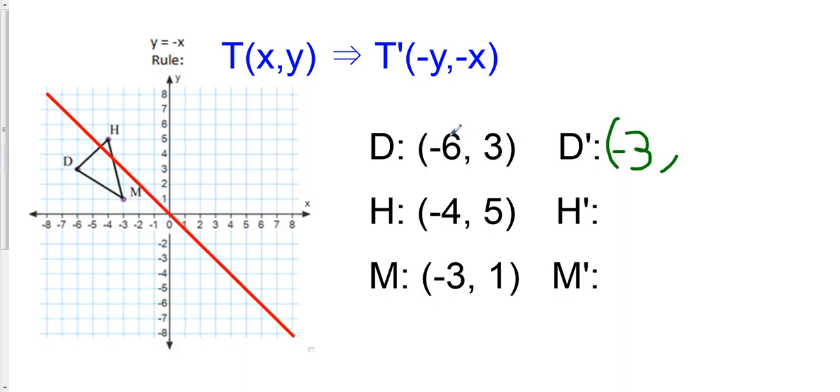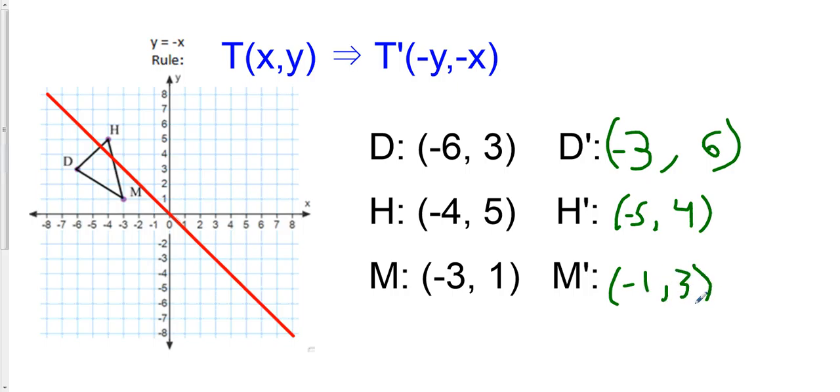If -6 was in our x spot, it would come over to the y and become positive. So we'd have a +6 here. Same thing. Switch the two, change the sign. There we go. So those would be our new pieces then.